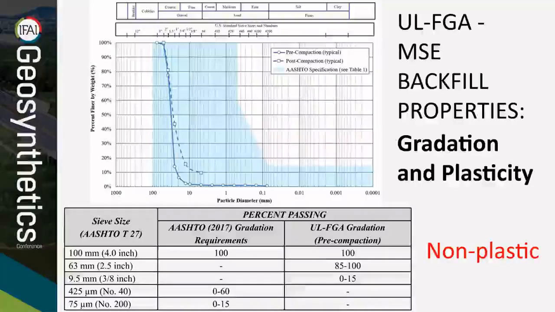Those are the grain size distribution curves that you see on the figure. And you can see that foam glass clearly resides within those AASHTO limits, both pre and post-compacted. AASHTO also has a maximum plasticity, and foam glass aggregate is non-plastic due to its chemical composition of recycled glass.